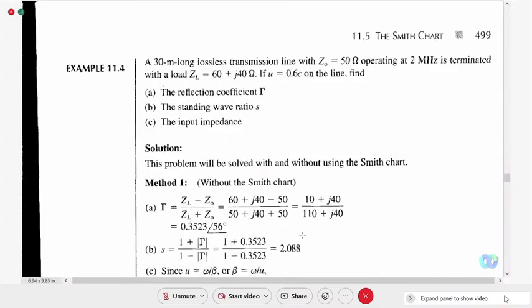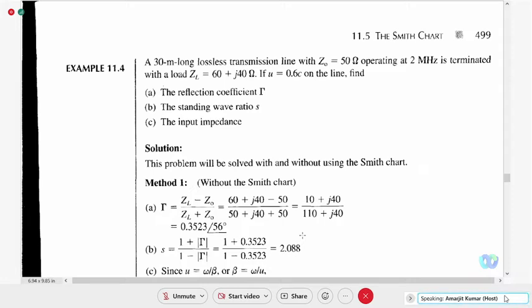Lambda is equal to 2 pi by beta. Beta is omega upon velocity. Omega is 2 pi f. 2 pi into 2 into 10 to the power 6, divided by 0.6 into 3 into 10 to the power 8.